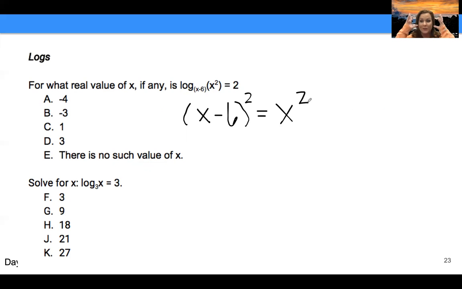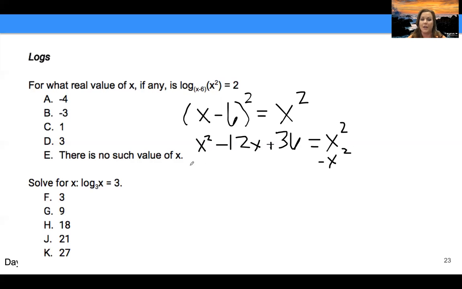Hopefully some of your bells are going off, multiplying binomials. This ends up being x squared minus 12x, because you FOIL, plus 36 equals x squared. Now I can subtract x squared from both sides. Let's subtract it, because this one's kind of hard, so I want to make sure.